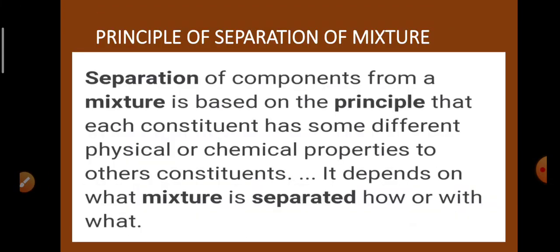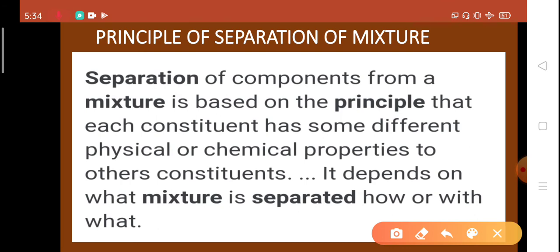Now, what is the principle of separation of these mixtures? Separation of components from a mixture is based on the principle that each constituent has some different physical or chemical properties to other constituents.